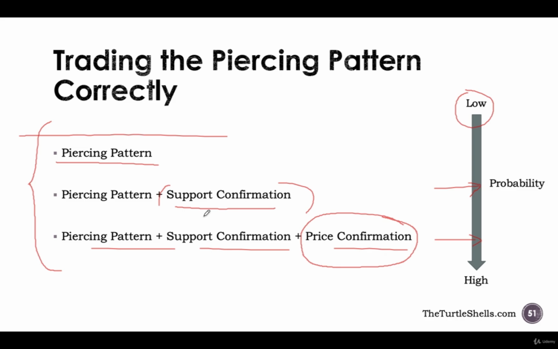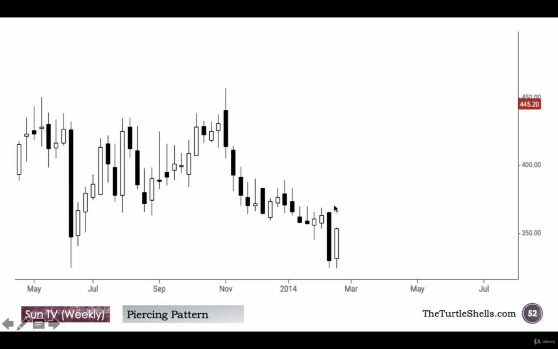You can use other things like volume and ADX. But this is the most basic way of looking at how to trade a piercing pattern. If you get this wrong, then everything else will go wrong. Okay? If you get this right, then you can combine this with other patterns, whichever system you are using for your trading. So let's look at an example.